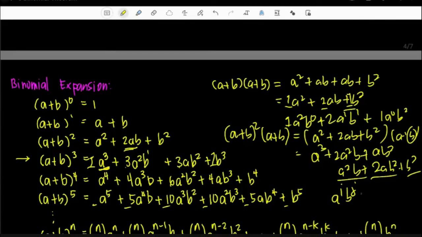And then j starts from 0 and then increases by 1 on each term. So you start with a^5 b^0, a^4 b^1, a^3 b^2, a^2 b^3, a^1 b^4, a^0 b^5. Okay?